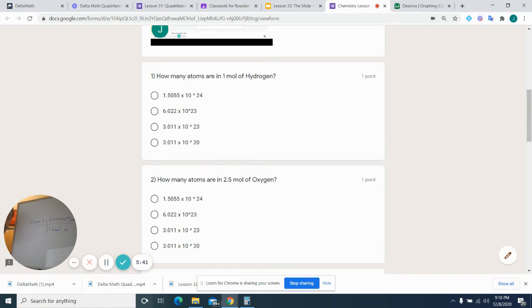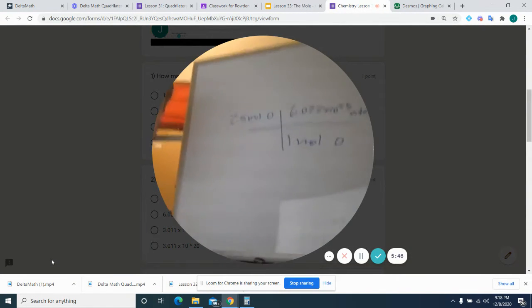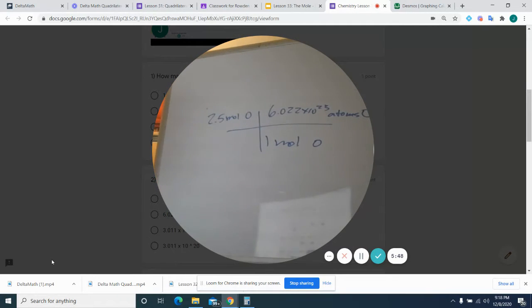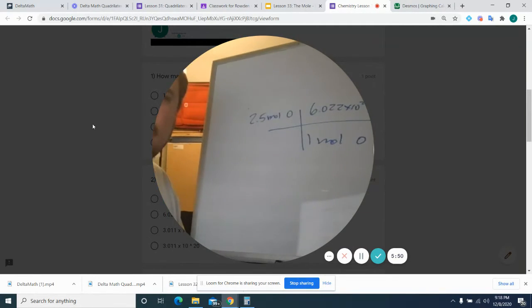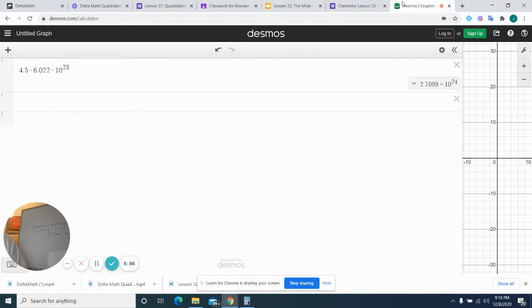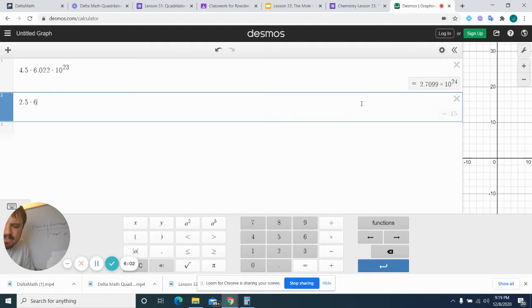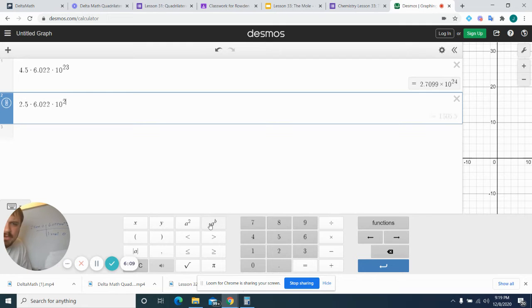So when you set it up, it should look like this. 2.5 moles times 6.022 times 10 to the 23rd. Pull up the Desmos thing. And so we have 2.5 times 6.022 times 10 to the 23rd.